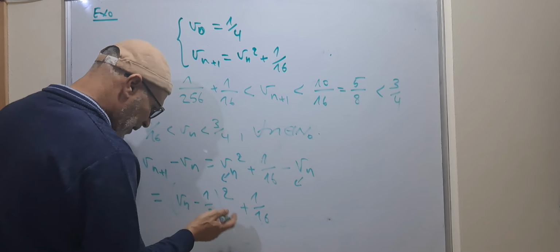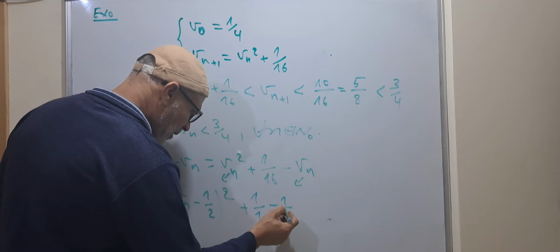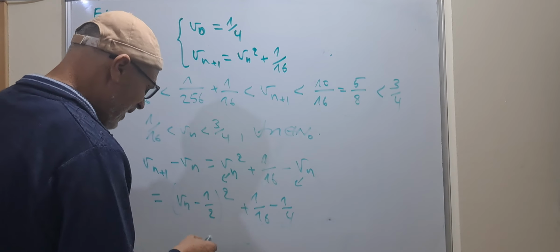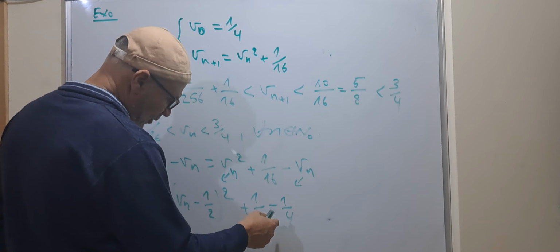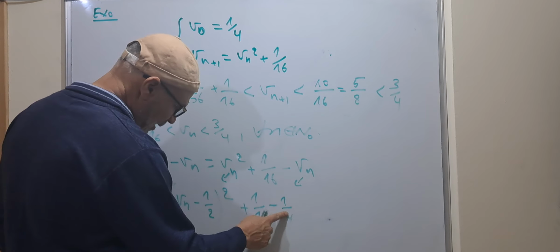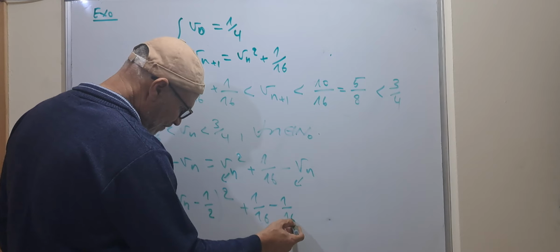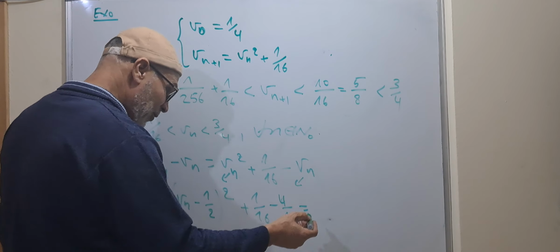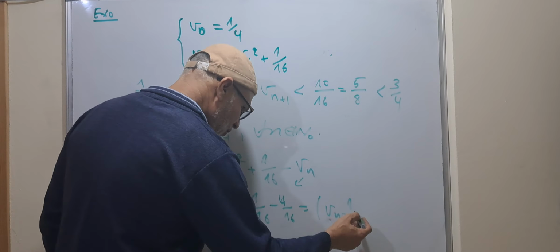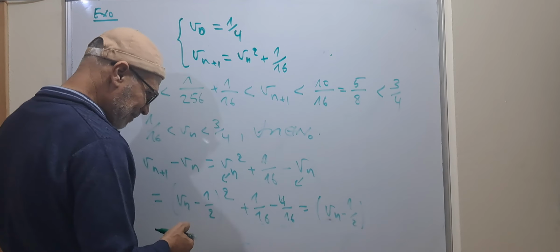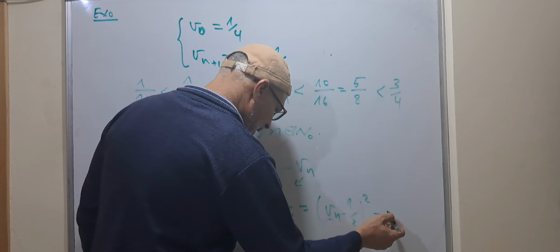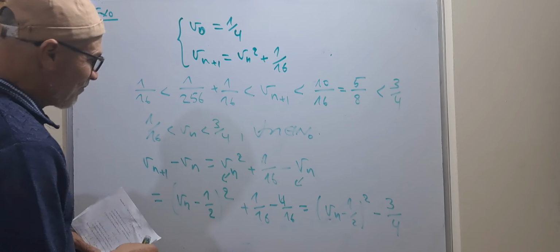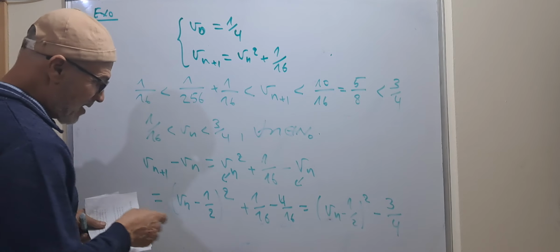But to take off, we take off 1 over 4. So here we have Vn minus 1 over 2 square minus 3 over 4. How about this formula?